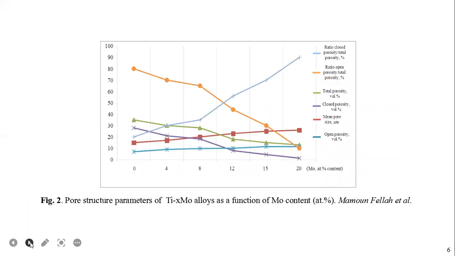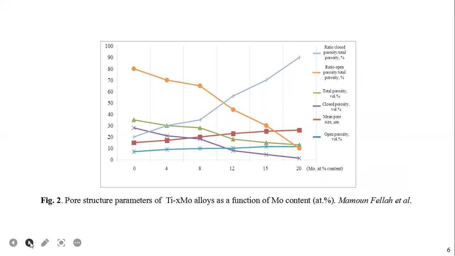Figure 2 shows the evolution of pore structure characteristics, total porosity, open and closed porosity of titanium molybdenum alloys as a function of molybdenum concentration. As presented in the picture, the total porosity and the open porosity decrease as the molybdenum content increases from 0 to 20.